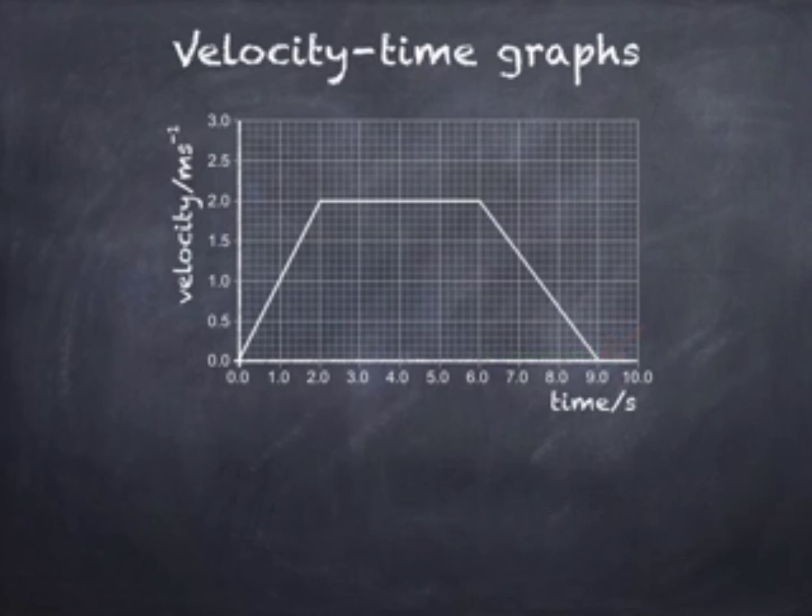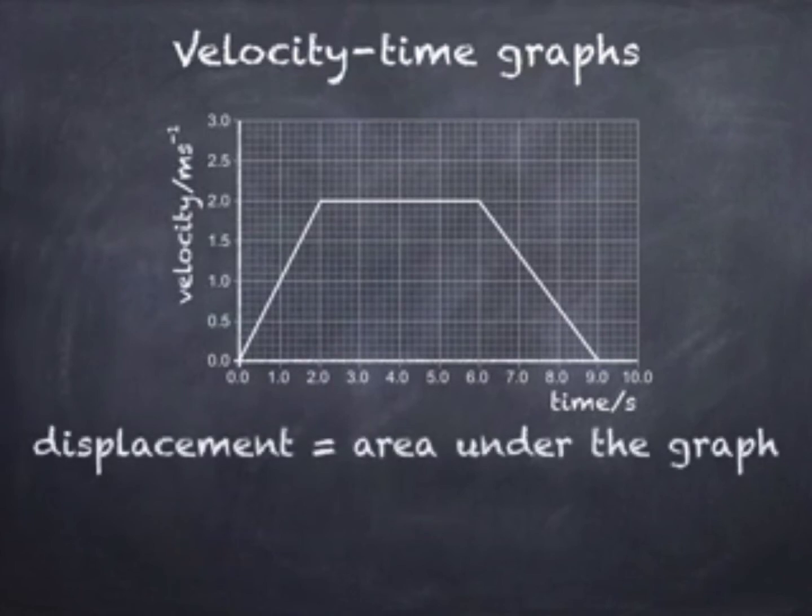So therefore, to get the displacement of a velocity time graph, we need to first find the area under the graph. You have to take note that this will comprise 3 sections, which are 2 triangles and a rectangle.